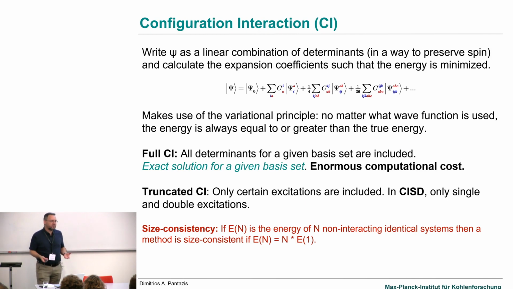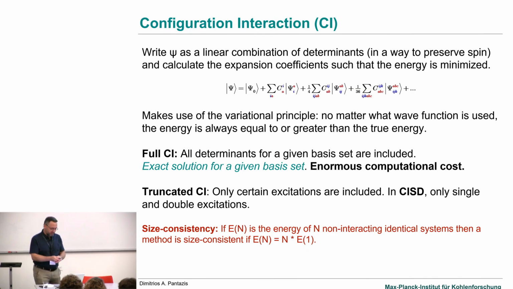And that improves things. And when we include all possible determinants for a given basis set, so the number of orbitals that we obtain depends on the size of the basis set that we give, because this determines how many molecular orbitals we will obtain in the end. When we create all possible determinants, we have the so-called full CI, which never happens. We can truncate the CI to maybe single excitations, double excitations.